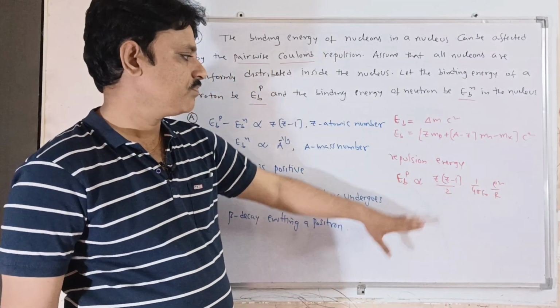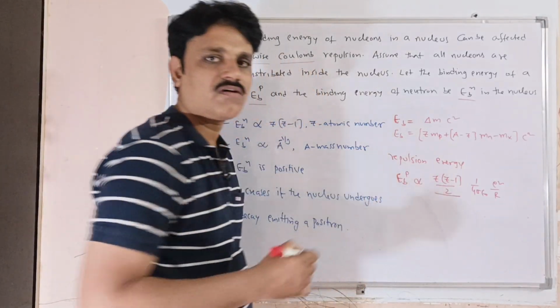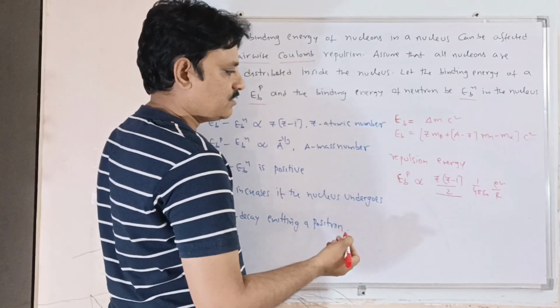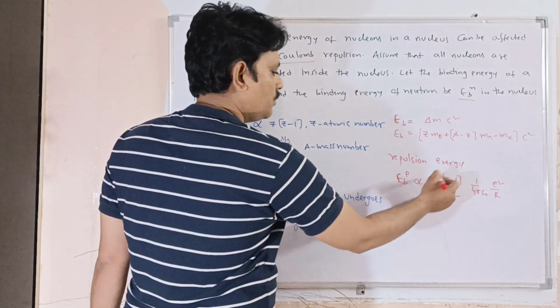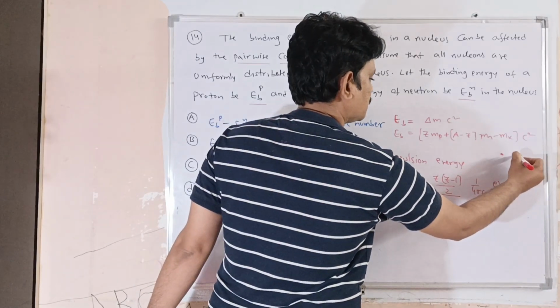The charge is E. And here Z into (Z minus 1) by 2 represents the total number of pairs. Let us suppose Z is equal to 2 protons. Then 2 into (2 minus 1) by 2 is 1, that is, one pair between the two protons.